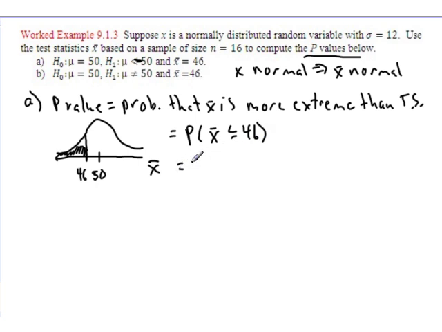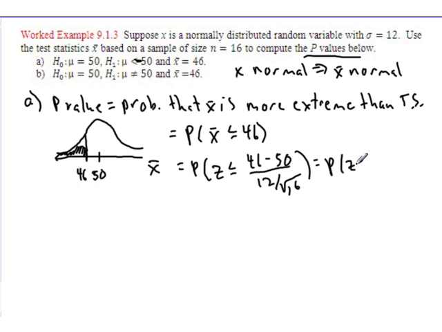So we can translate this into a problem of z in the usual way. Z is less than or equal to 46 minus 50 divided by standard deviation, which is 12 in this problem, over square root of n, which is 16. So this becomes the probability that z is less than or equal to 46 minus 50, which is minus 4, over 3.